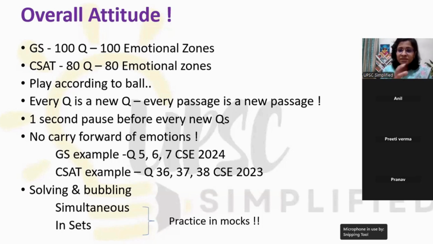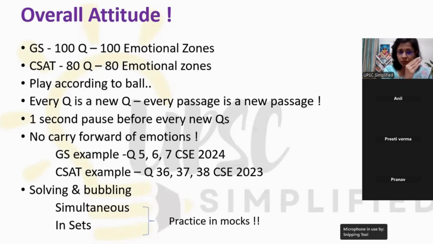We cannot apply the same thinking to each and every question because of the background of the subject, for example, some questions from polity, some from geography, and each question's setting. Some will be match the pairs, some will be statement 1, statement 2, some will be only 1, only 2, only 3 statement options. So we have to deal with each question according to the subject and the type of the question.